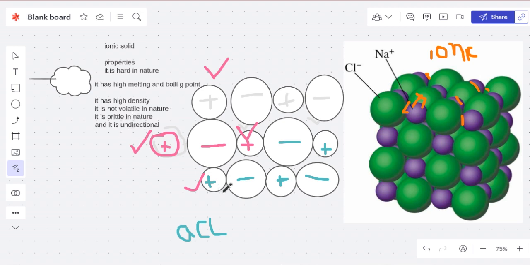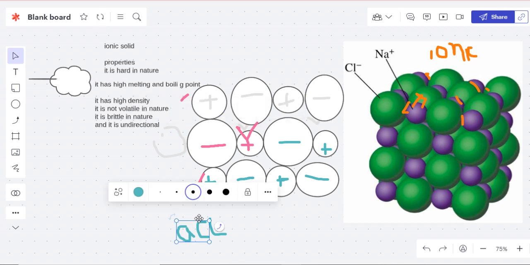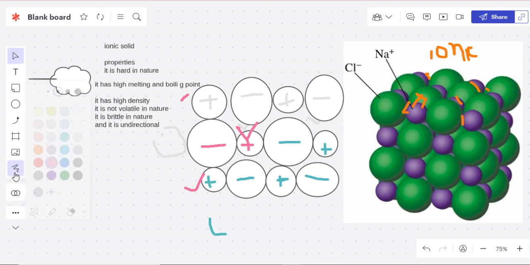And what is meant by brittle in nature? When I apply force from this side on this atom, it will form a layer, something like this.